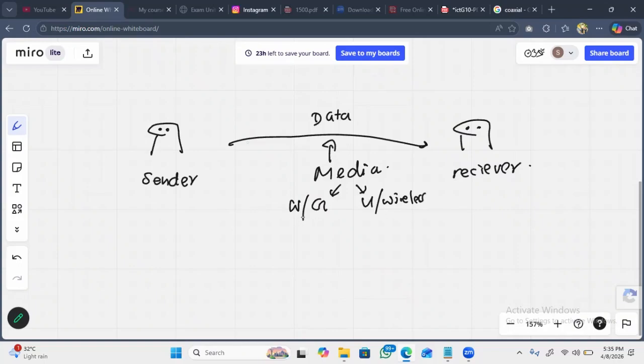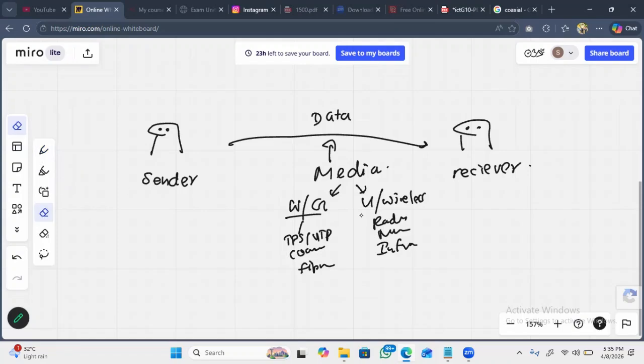Right? Those are media. In here we have what? STP, shielded twisted pair, and UTP, unshielded twisted pair. And we have coaxial if you want, and we have fiber optics if you want. Here we have radio waves, microwaves, infrared rays if you want. So those are media. Now we are talking about the mode.